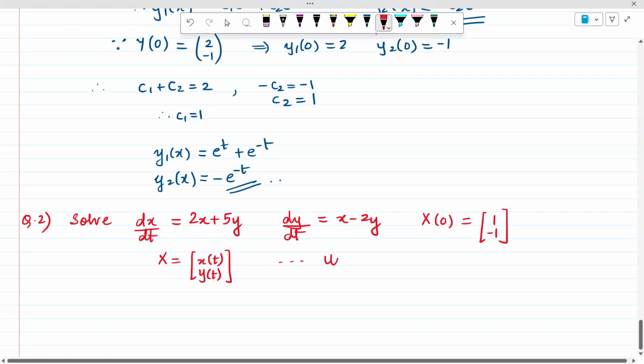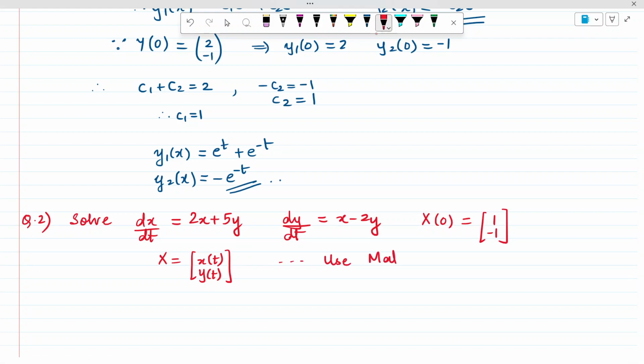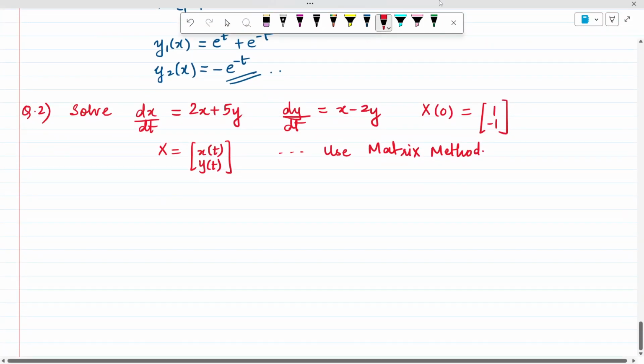So you are expected to use the matrix method. Come on, please start solving.